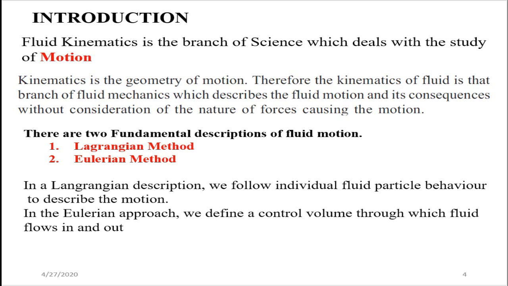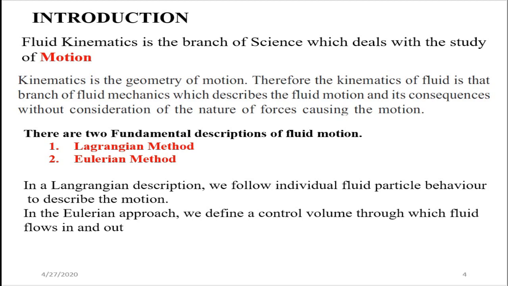Instead of tracking individual fluid particles, we define fluid variables as a function of space and time within a control volume. In the Eulerian approach, there is no need for individual particle tracking.